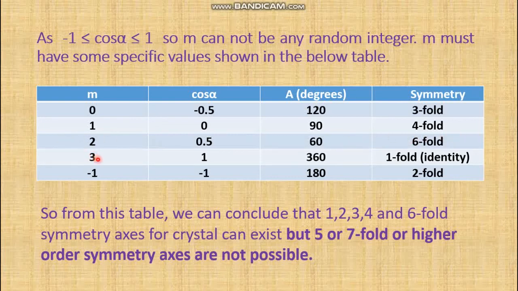By putting M equal to 3, you will find that the value of cos alpha is 1. That means alpha is 0 degree or 360 degree. So this is actually one-fold axis, that is the identity, because after a complete rotation of 360 degree, the crystal comes back to its own position again.